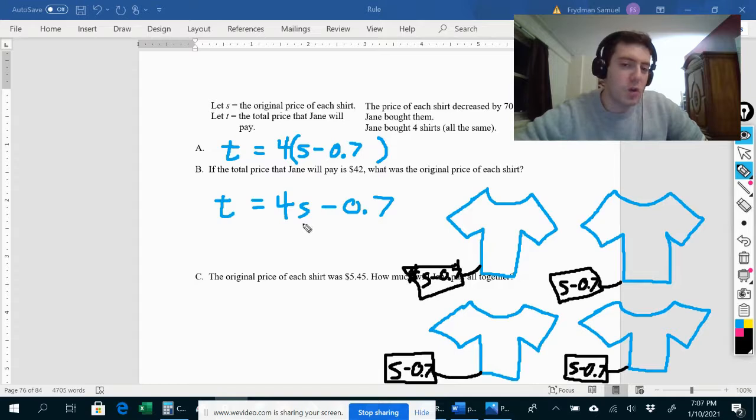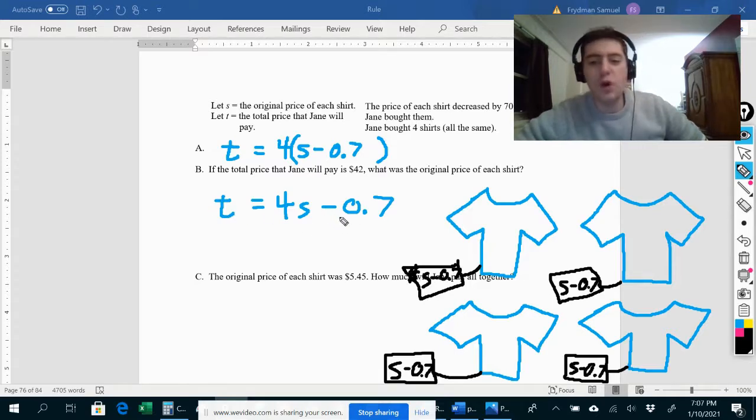But if we wrote the equation like this, then what we would be saying is that we're buying 4 shirts, but the 70 cents is only taken off of one of them. Because you can see here the 0.7 is not inside any parentheses. It's not getting multiplied by that 4 like this one is.